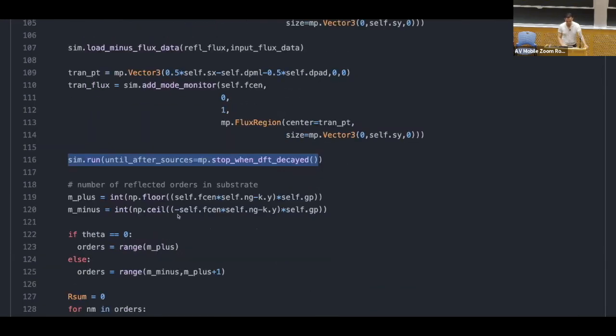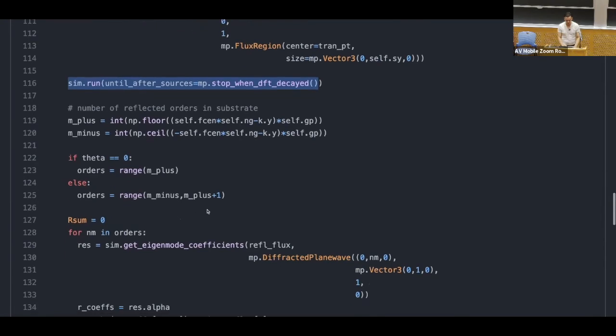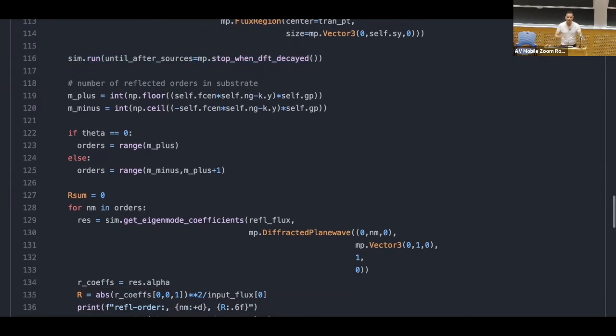And now is when we do our actual mode decomposition. Now we have the fields stored from doing the time stepping of the grating calculation. Now we want to do the actual mode decomposition using Meep's built-in mode decomposition tools. To do that, we first need to compute what are the actual orders that we have in our calculation, right? So the set of integers that define the transmitted and reflected orders.